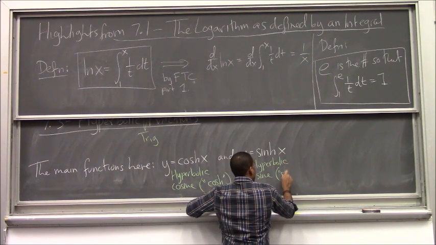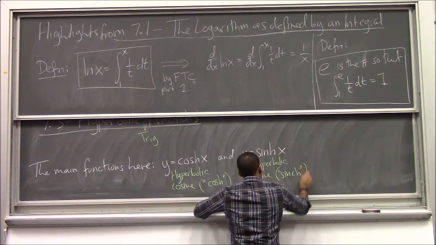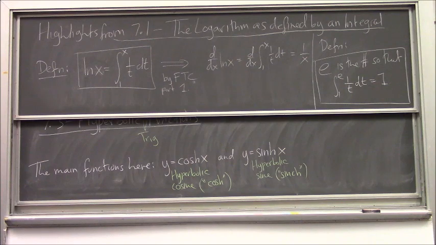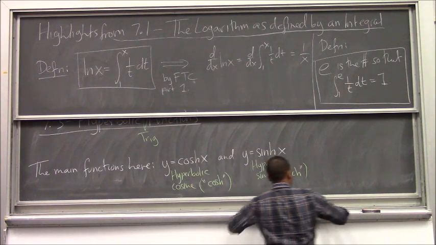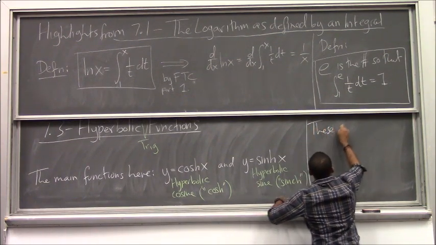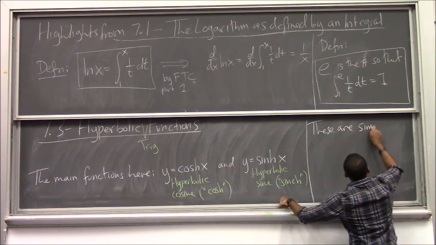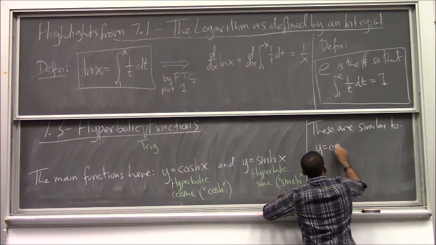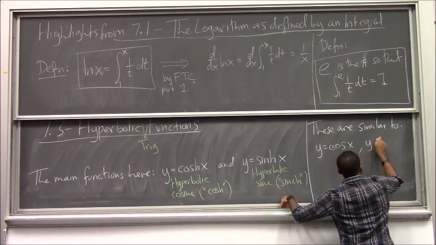And we read it as sinh. So we have two main functions, cosh and sinh. And they're very similar to, they're actually similar to the cosine of x function and the sine of x function.